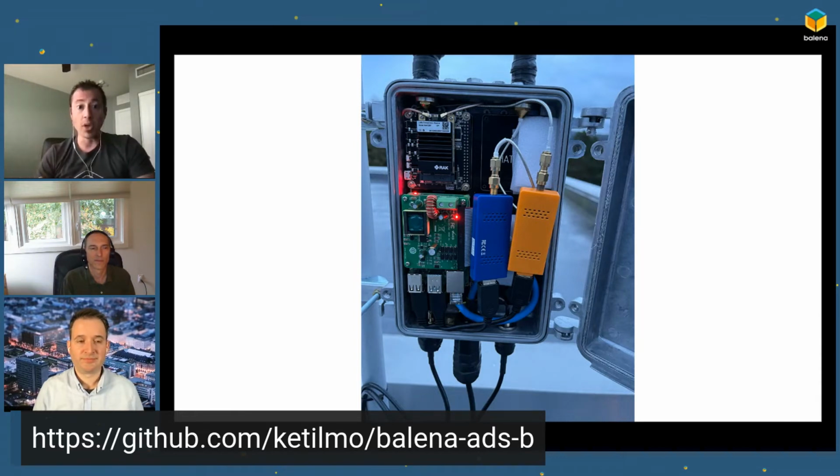But point being that your repo will build a container. The container gets deployed onto the device, and you need this dongle, this radio, the RTL SDR USB dongle to be hooked up. And that is what is capturing the signals from the aircraft.